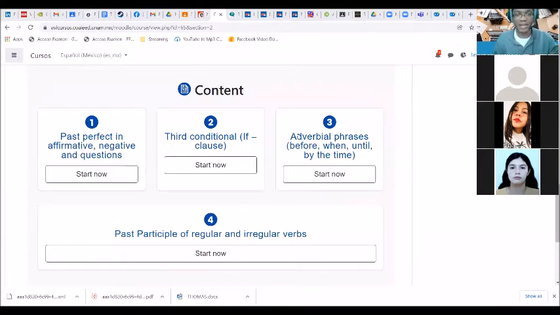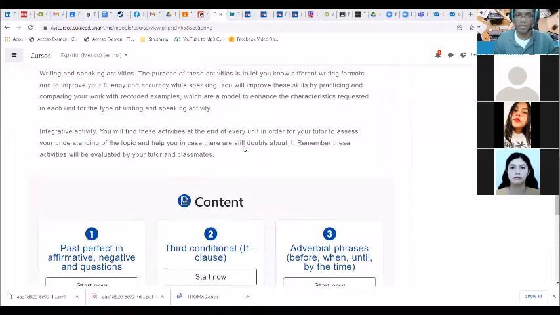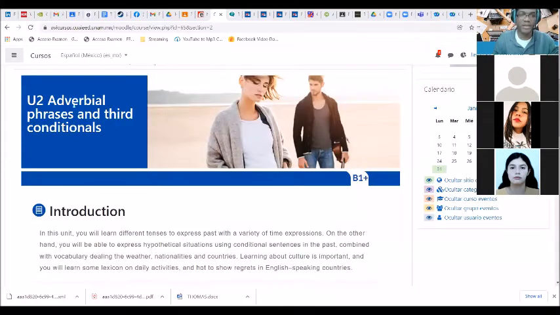So I'm going to start with time, then we're going to look at verbs, then we're going to look at past perfect, so we can end here with third conditional. All right. Why? Because we're going to be putting into practice adverbial phrases and those conditions.